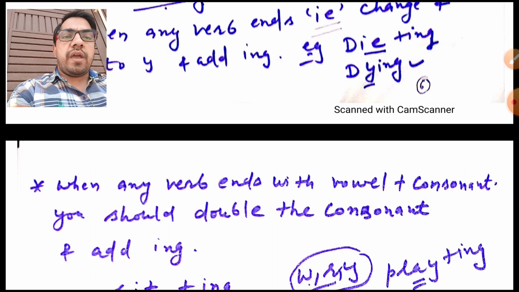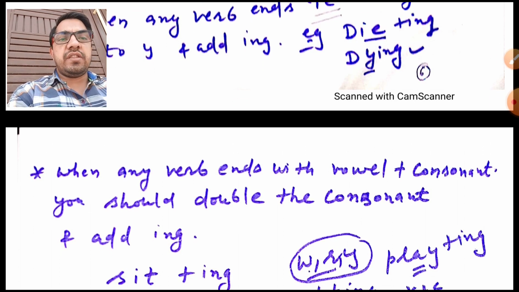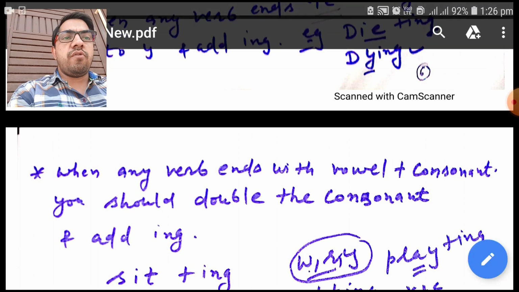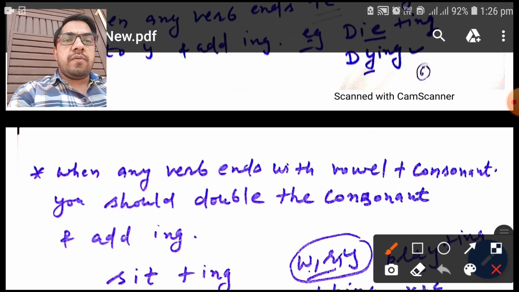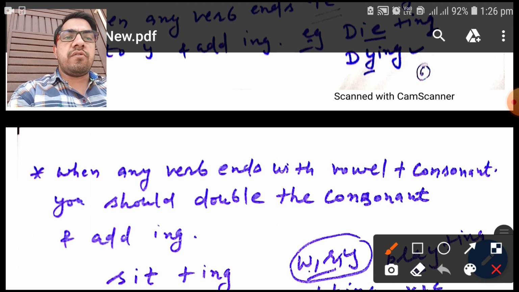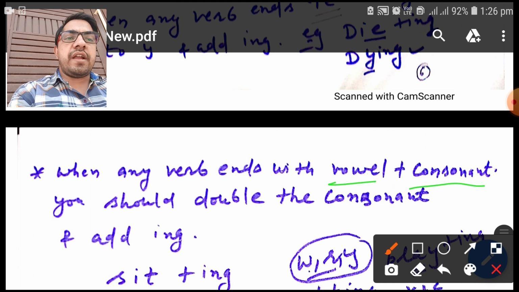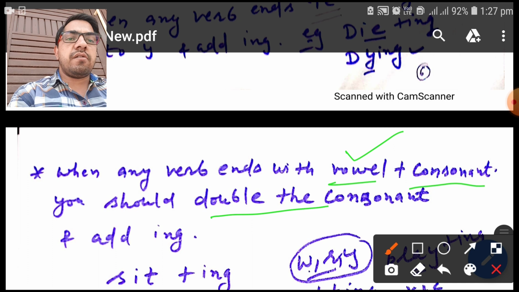When any verb ends with vowel plus consonant. I have already told you in my previous videos that a, e, i, o, u we count as vowels and the rest of the English letters we count in the consonant category. When any verb ends with vowel plus consonant, we should double the consonant and add ing.